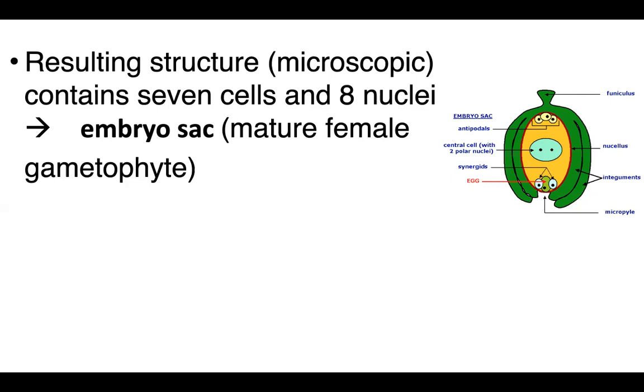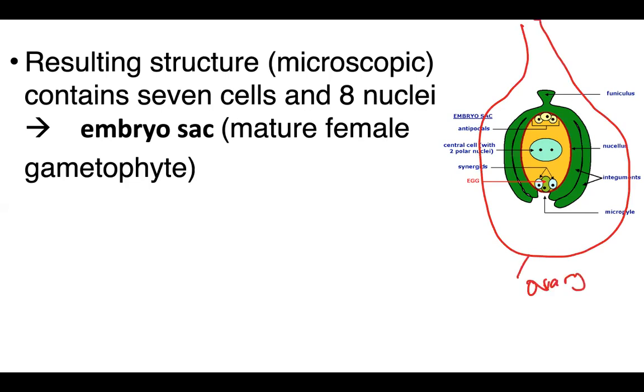Okay, so if I were to draw, this would be the ovary, and this would be the style. So you can see, this is the embryo sac. We've got our 3 nuclei up here, our polar nuclei, the 2 nuclei here, and the 1 egg in the middle, the integument, 2 layers of integument, and the micropyle.